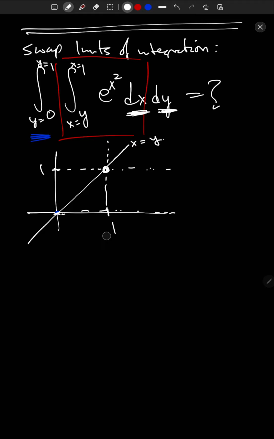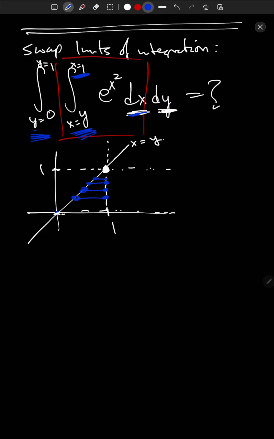Because when you plug in x equals 1, then when x equals y, you get y equals 1. So our horizontal lines are going to go from the diagonal line to the vertical line x equals 1. Our dx integrals, our horizontal line integrals, are always going to go from this line to there, this line to there, this line to there.